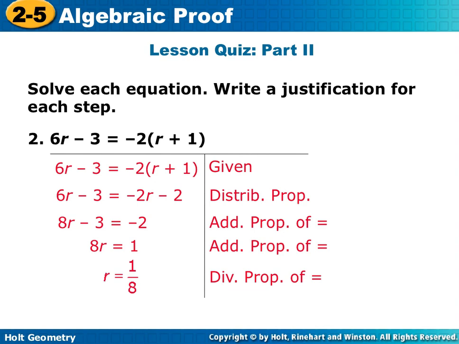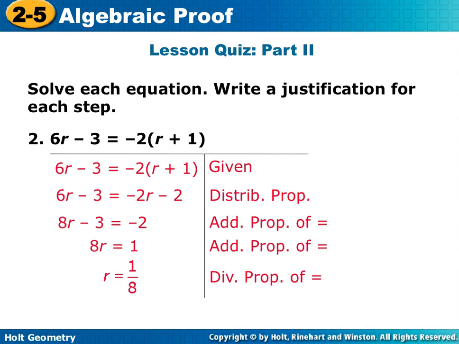We had the given equation, we distributed, then what did I add to each side to get this one? Can you follow what I did without me showing it? What did I add to each side to go from here to here? I added 2R to each side.